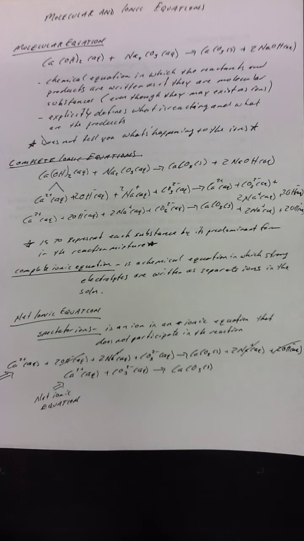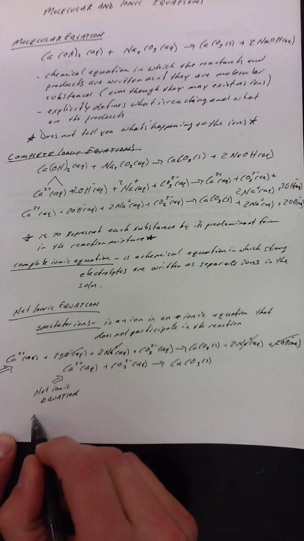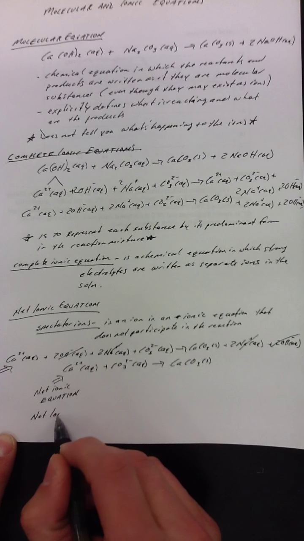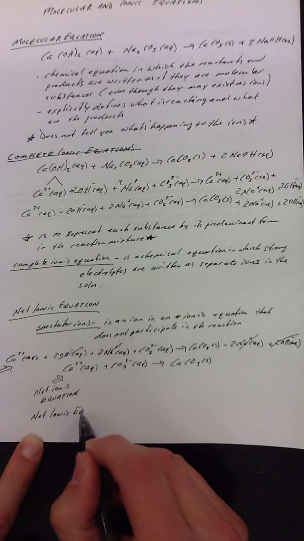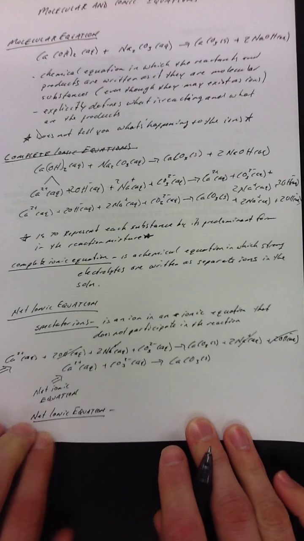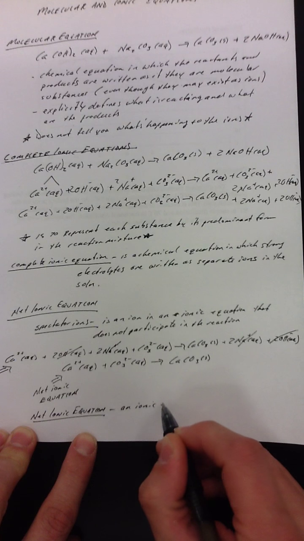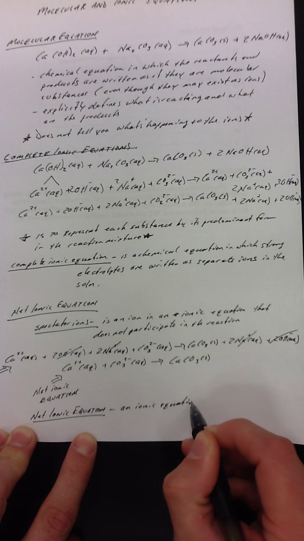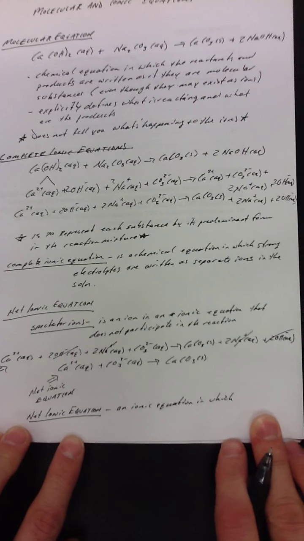Okay, so by definition then, we'll give a formal definition to this, the net ionic equation is an ionic equation in which the spectator ions have been removed.